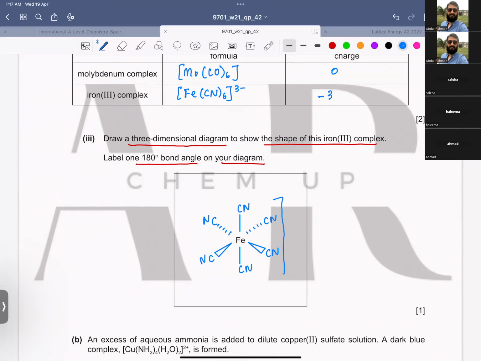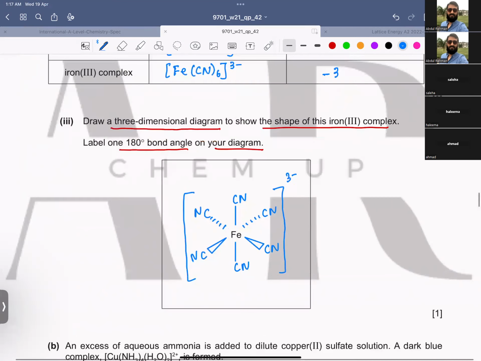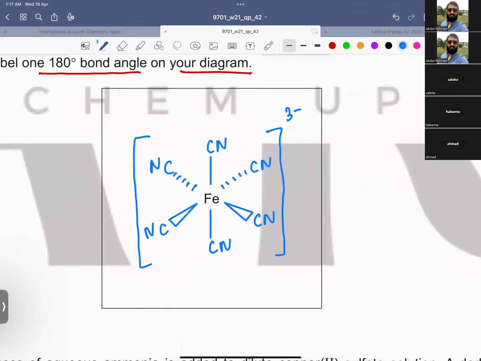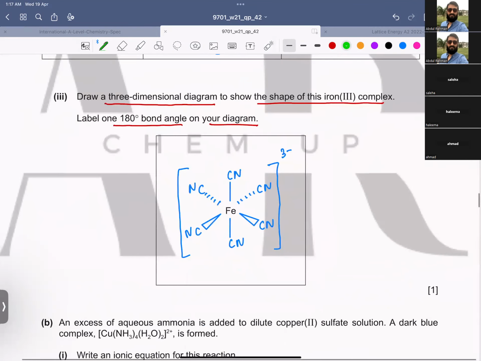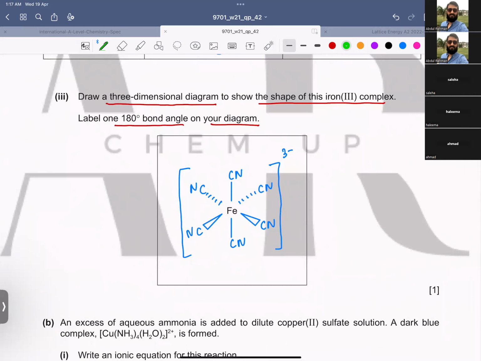Then as it's an ion, I would enclose it in a square bracket and put a 3 negative charge over here. And they have asked you to label the 180-degree bond angle. So it could be this.